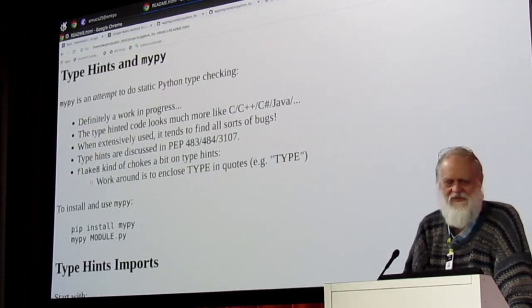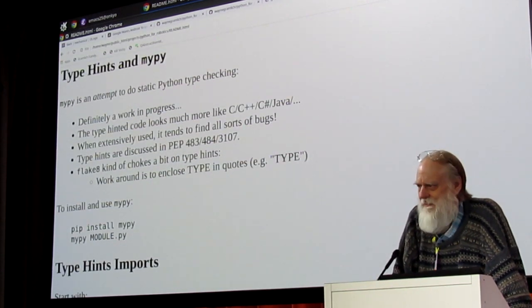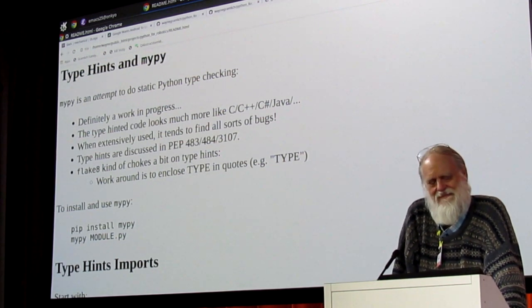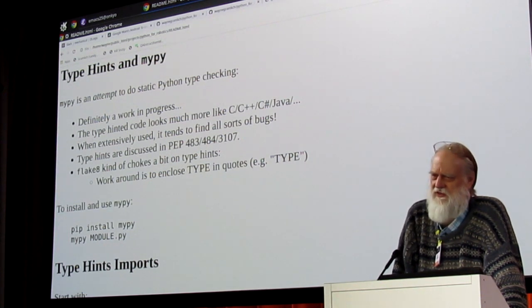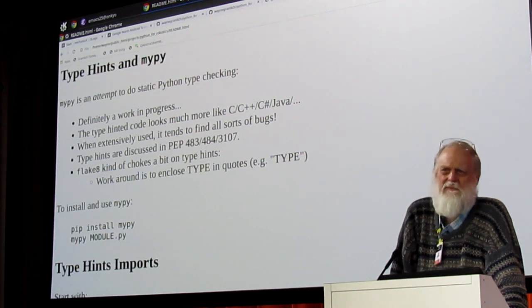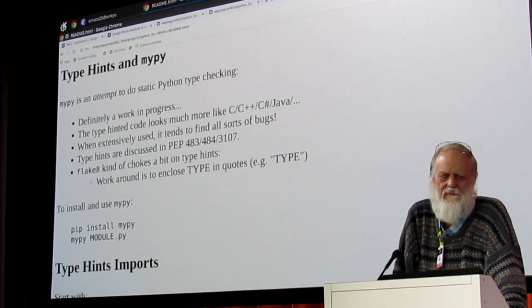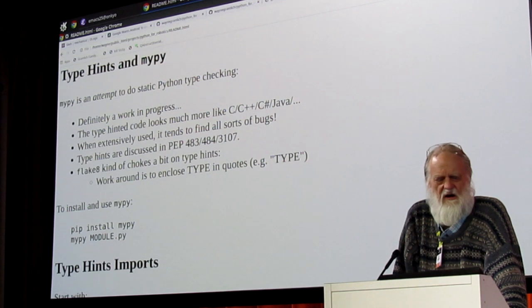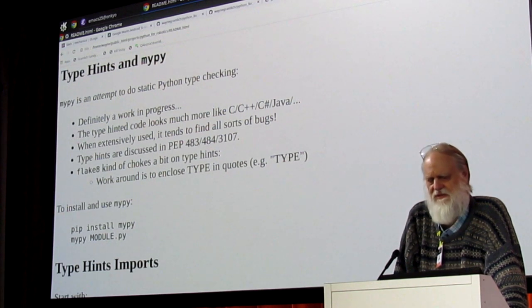Now this next thing is type hints. Type hints has been very experimental. They started working on it back in late Python 2. It was somebody's PhD thesis, and it was an attempt to do static type checking in Python.